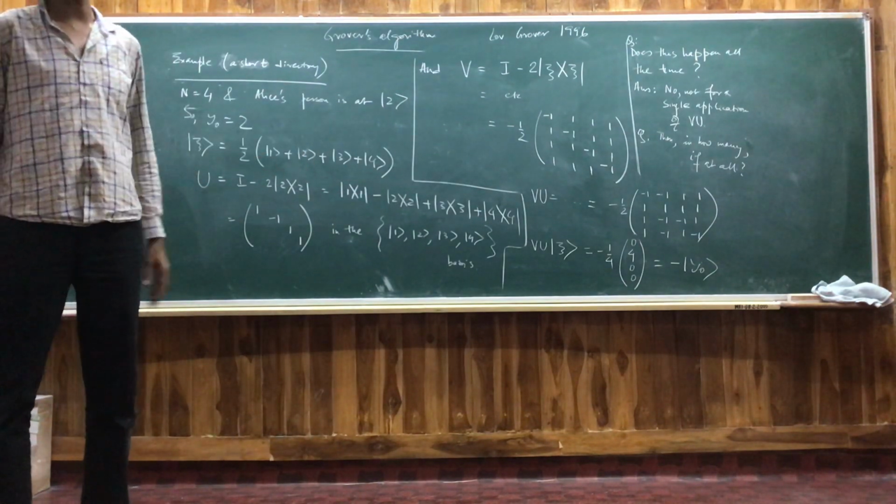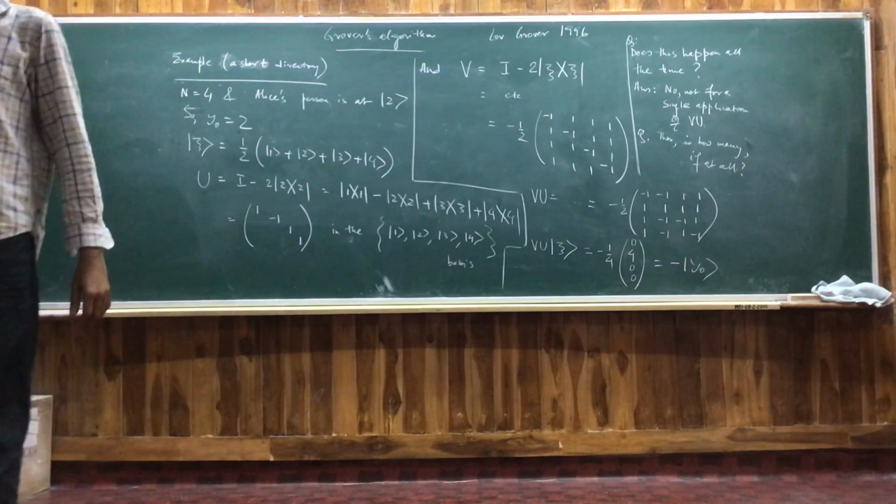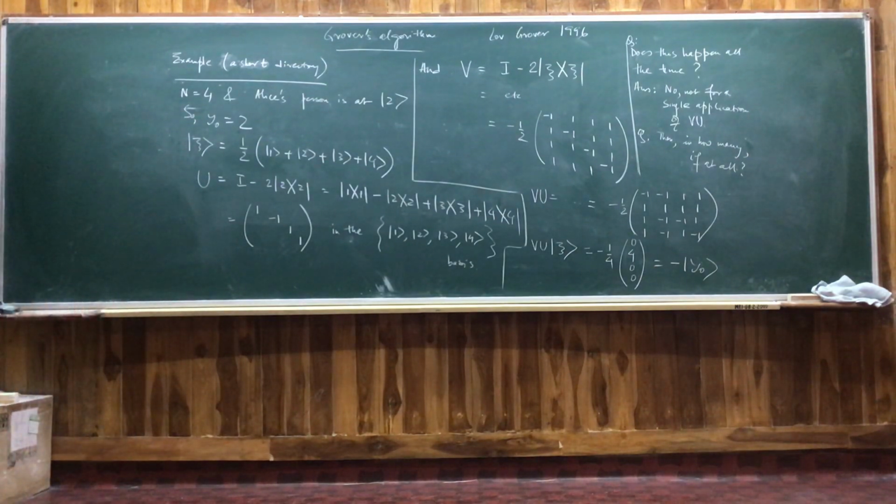Here with 1 query we are doing. I think the difference is that in classical case, no name is special, in the sense that all directories contain the same information. Yes. In this case, given Y naught, you have a corresponding U, in the sense that the operation of the black box is dependent upon that.